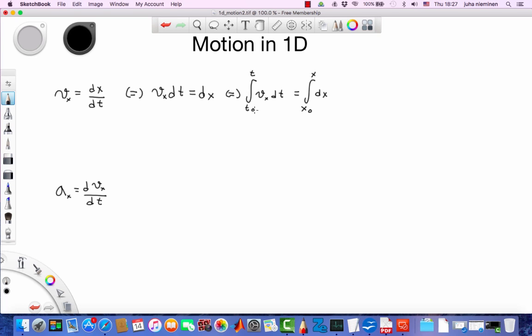So this is how it works. At time t0 we are at x0, and at time t we are at position x. Right.